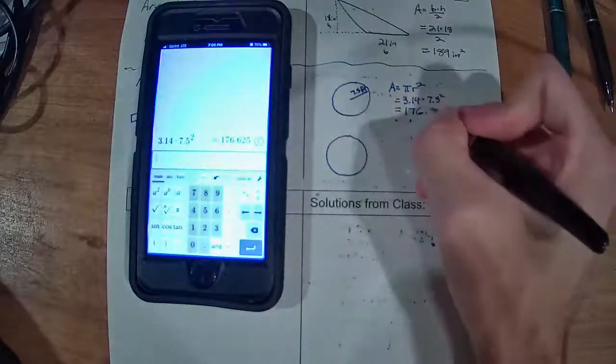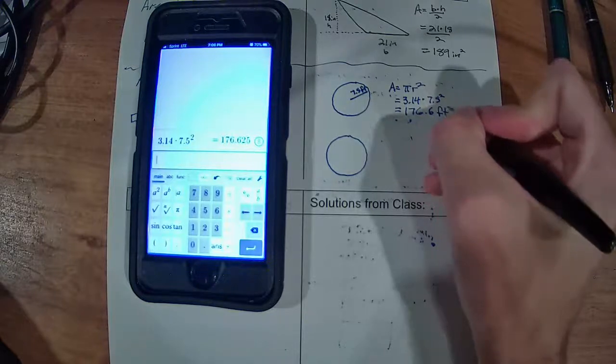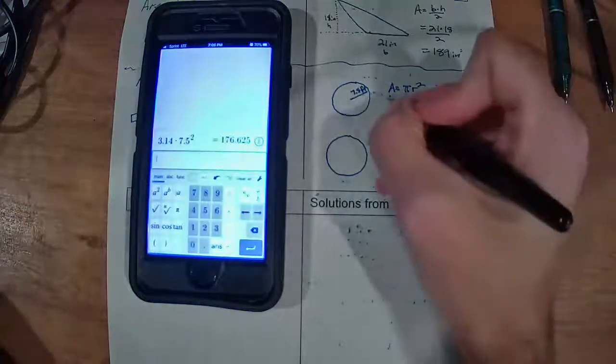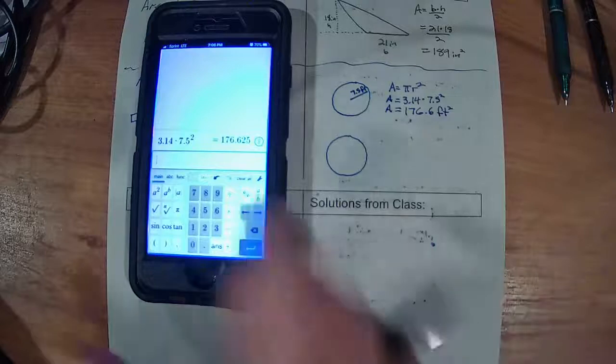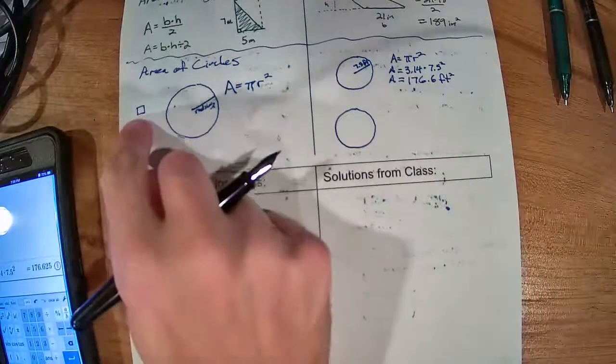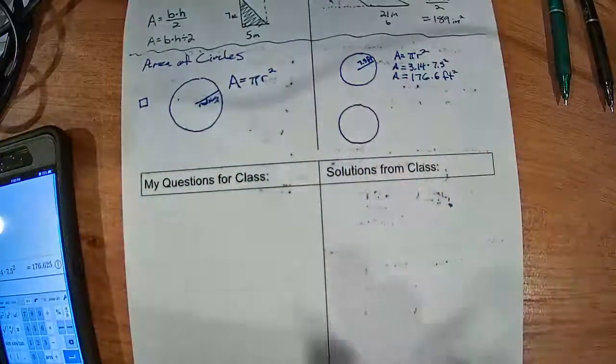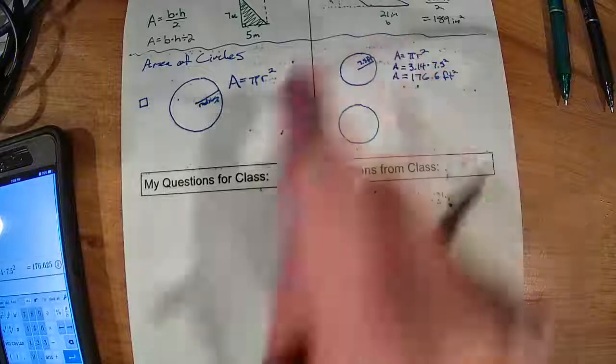So 176.6 feet squared. And ta-da, there's our area. So if we had 1 foot by 1 foot tiles, it would take 176 of them, almost 177, to completely fill it up.